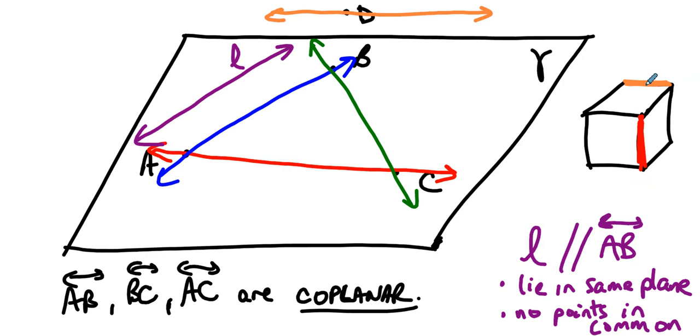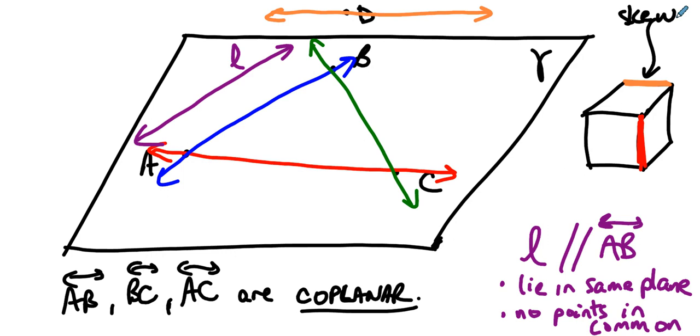But we don't say that the orange line is parallel to the red line. We in fact call those skew lines. They're skew because they don't intersect, but they don't lie in the same plane. There is no flat surface that contains completely both of those lines.